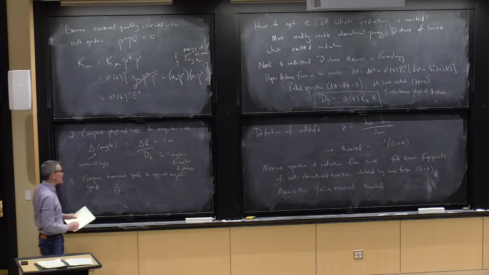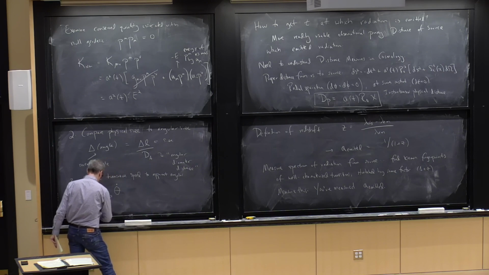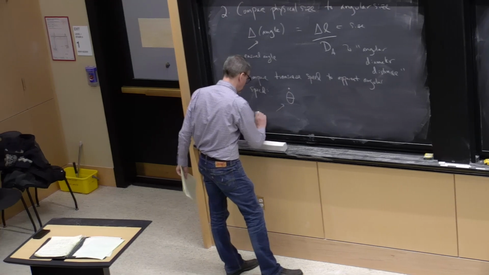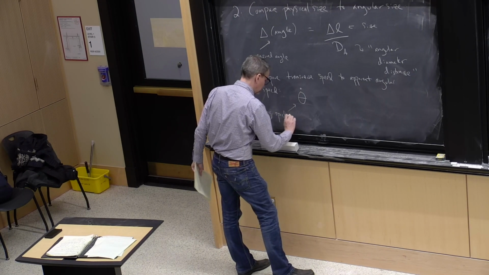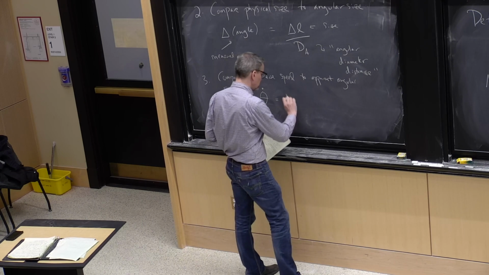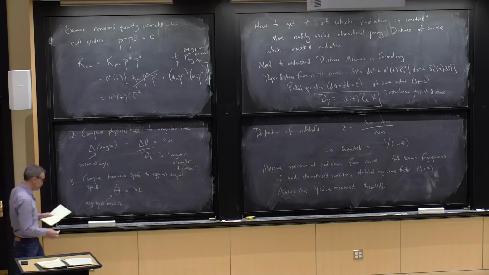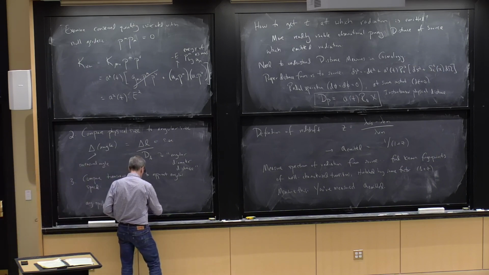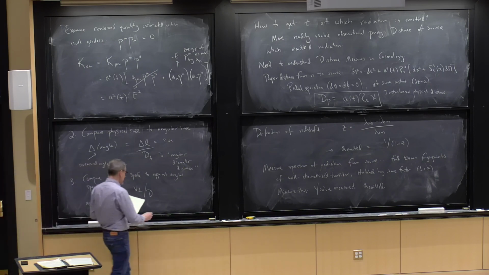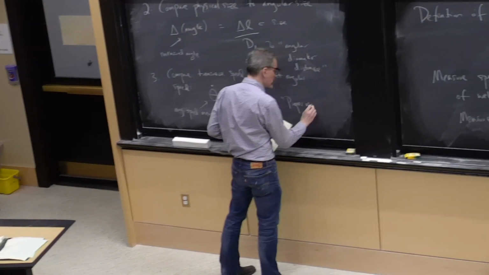So the theta dot, the angular speed that you measure, would be the velocity perpendicular to your line of sight divided by the distance. We'll call this d sub M, the proper motion distance.